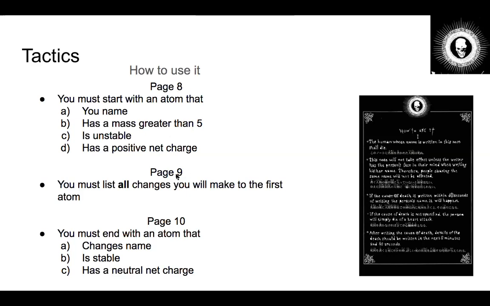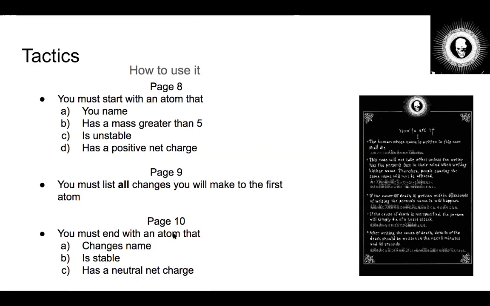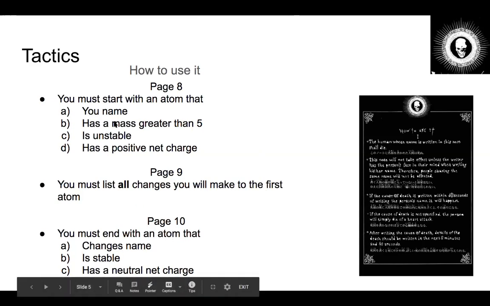And then on page 9, you're going to list every single change that you have to make to this first atom in order for it to become the new atom on page 10 of your Chem Note. In the end, your atom must have changed name. You cannot have the atom with the same name.